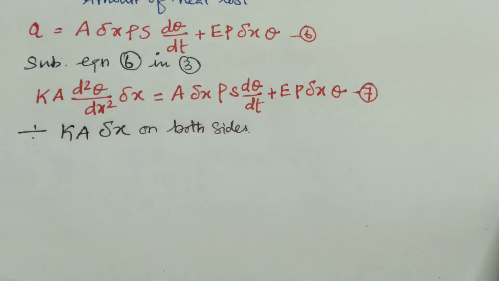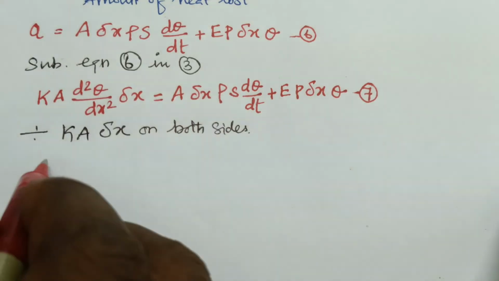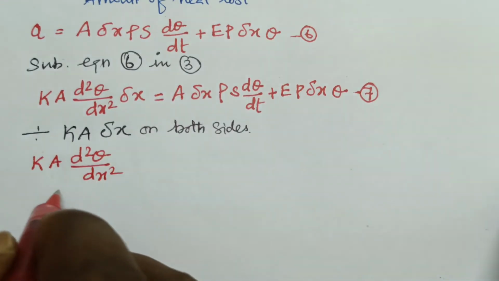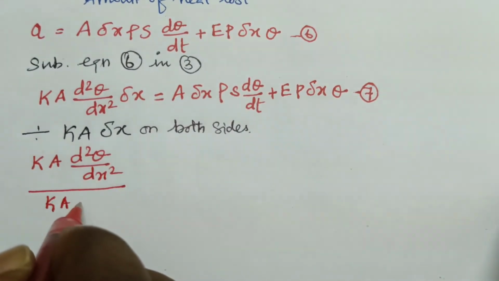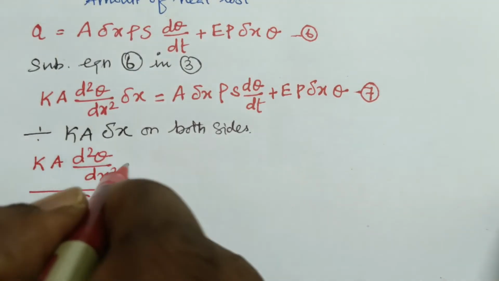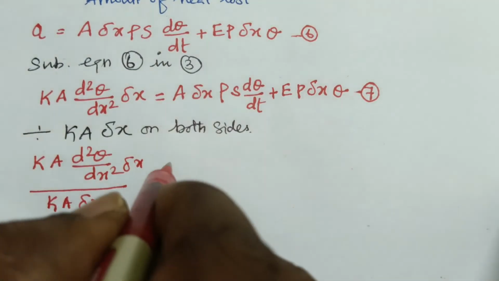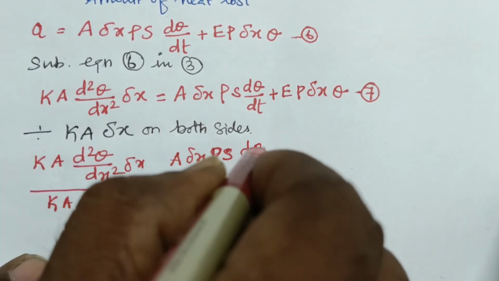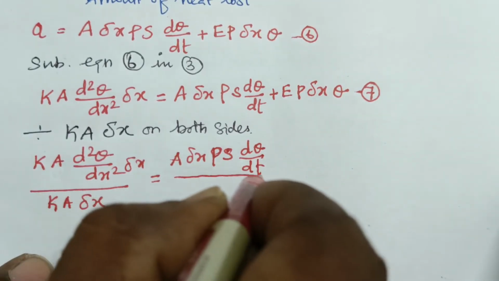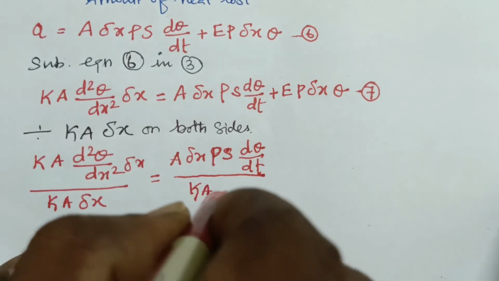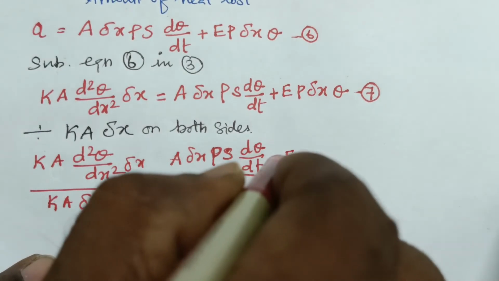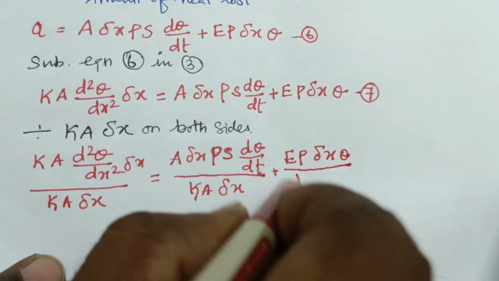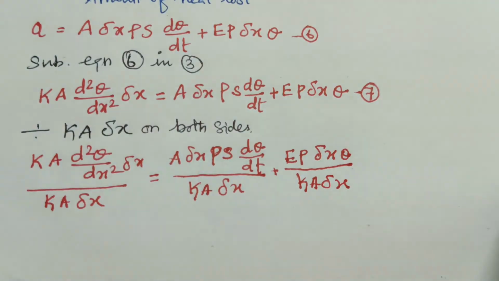Simplify the equation: K A d square theta by dx square divided by K A del x into del x equal to A del x rho s d theta by dt divided by K A del x plus E P del x theta divided by K A del x.